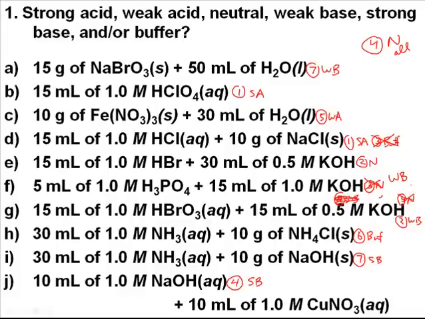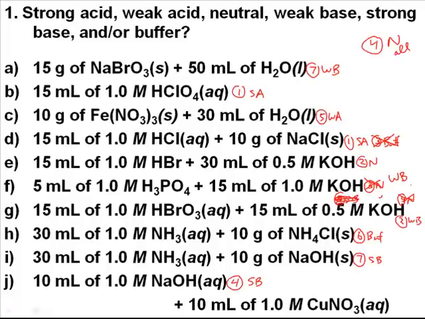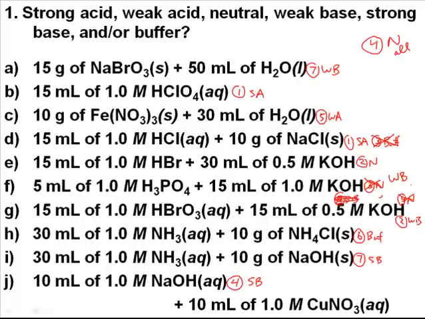Is that right, G? All right, and then H. H buffer. Should we give that to him? Yes. Yeah, 6 gets a point. Strong base. 7 gets another point.